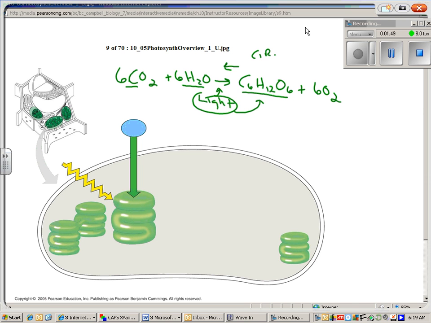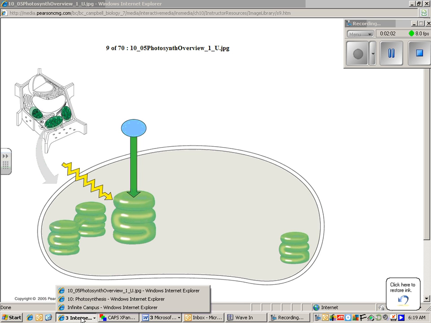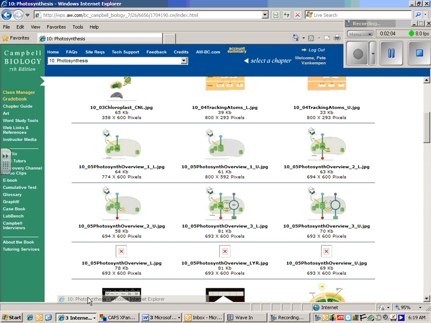Okay, so here on this slide, we'll come back to this, where photosynthesis happens. I want to go to a different slide to show you this. And to do that, I need to click out of this and go here. And let's go to this one. This is 10.5 in your book.